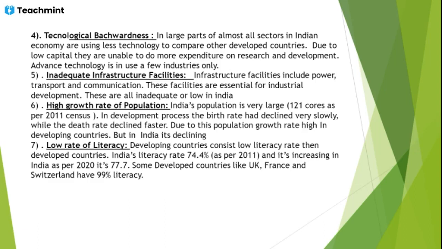These are all called infrastructure facilities. These facilities are essential for industrial development. When we have these facilities, then we can develop the industrial sector and develop the country. But these are all low in India. All developing countries have less infrastructure facilities, like India also. So this is the fifth characteristic.